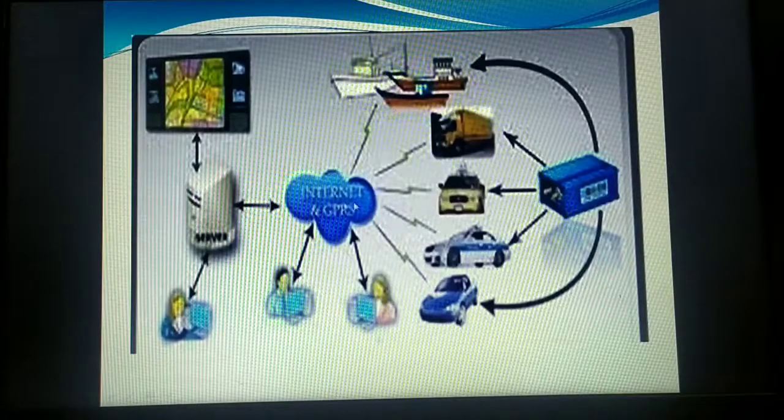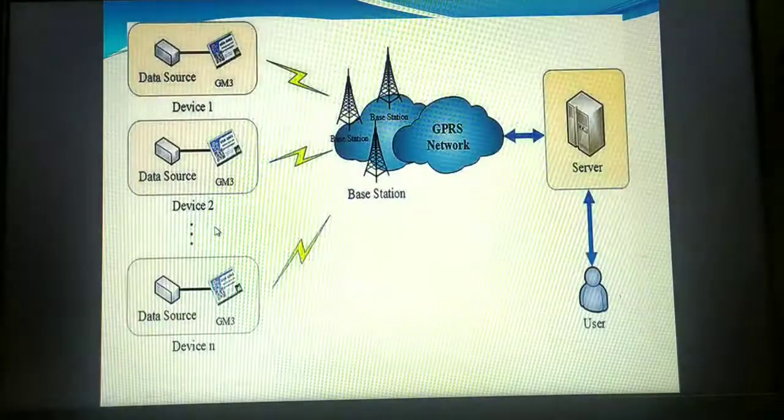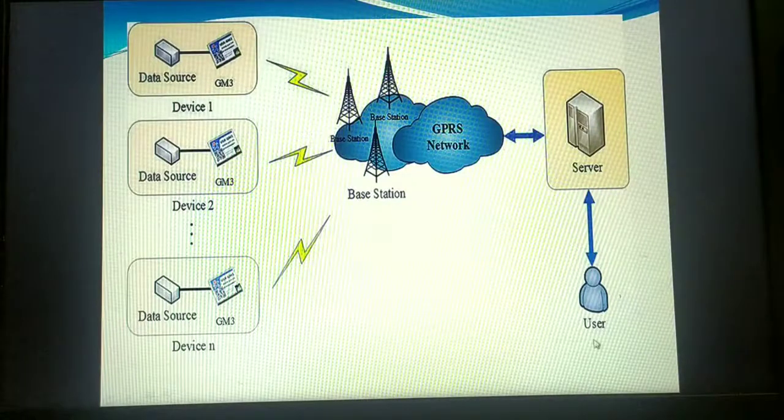Here you can also see the internet and GPRS. All of these devices and users are making use of GPRS, and only then are they able to connect to the internet. Indirectly it is connected to the server. You can also see the user and the server here, and all these are users using the GSM network.